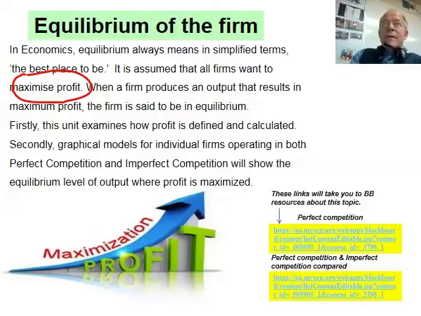We've already looked at half this model when we did the unit on costs. And we're going to put in our revenue curves, look at how to calculate profit, and then find out the output at which the firm will maximize profit.